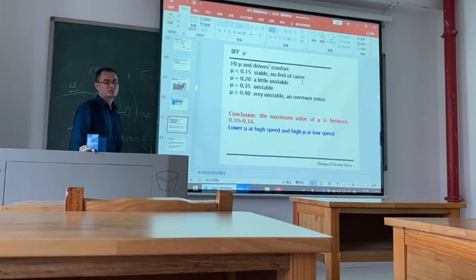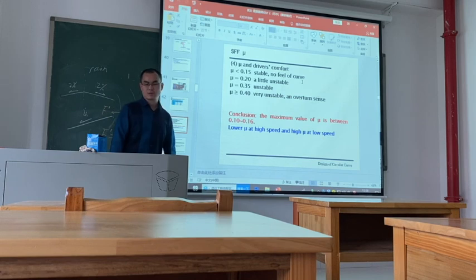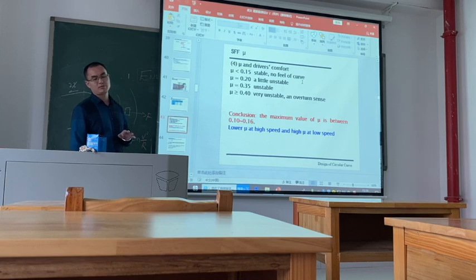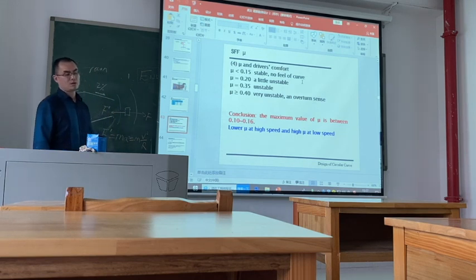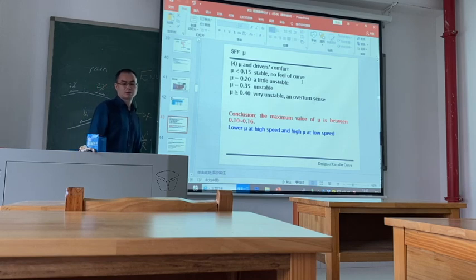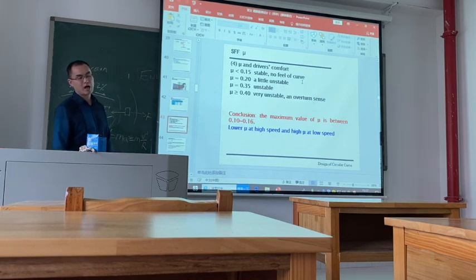So we can conclude that the maximum value of mu is between 0.1 and 0.16. Lower mu at high speed and higher mu at low speed.